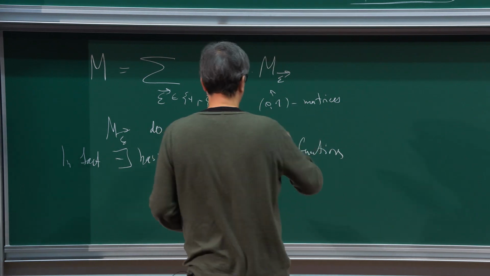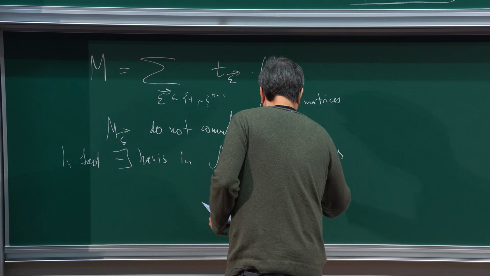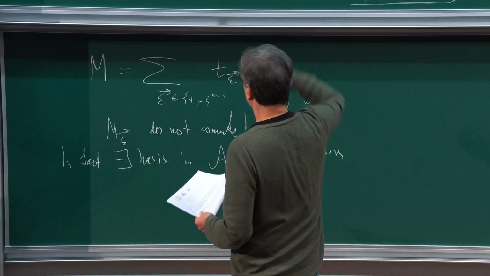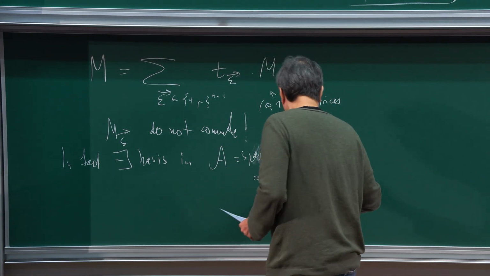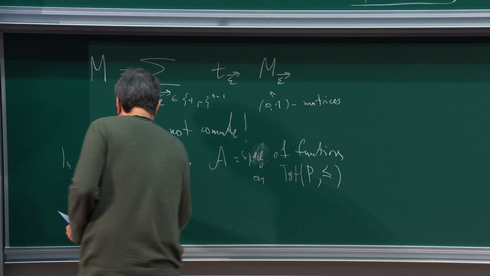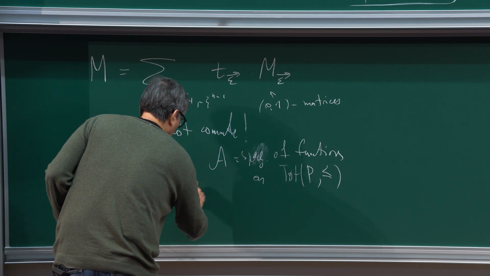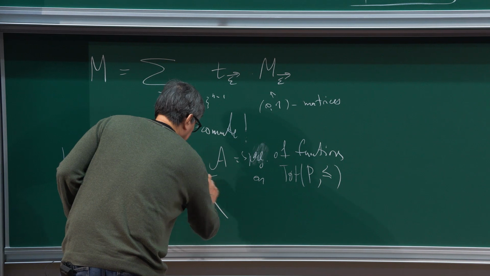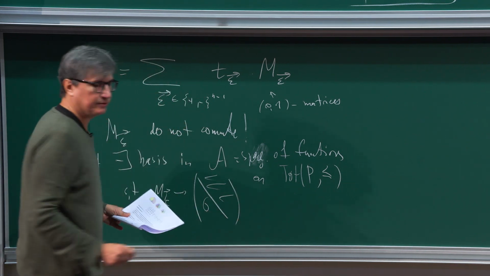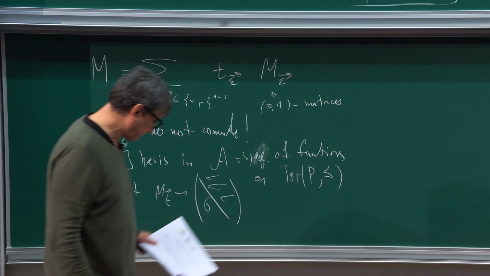Or rather, not the algebra, the space of functions on the set of total orderings, where my operator acts. Yeah, there is a basis such that all M_i go to upper triangular matrices. And then, if you look at eigenvalues, you just look at the diagonal part.